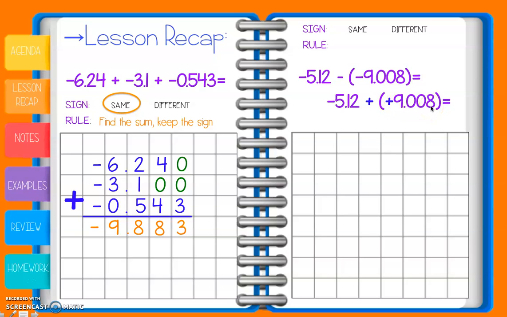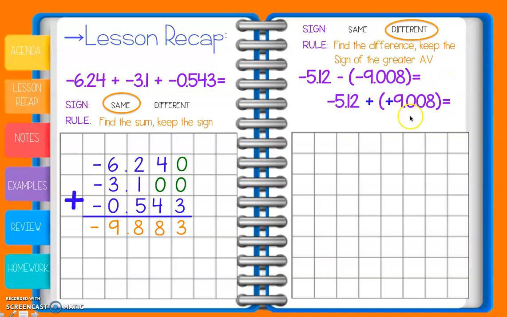Now we have to follow the addition rule. So we have to ask ourselves, are they the same sign or are they different signs? If we look, we have a negative and we have a positive. They are different signs. So the rule is to find the difference and keep the sign of the greater absolute value. So our difference means we're going to be subtracting.